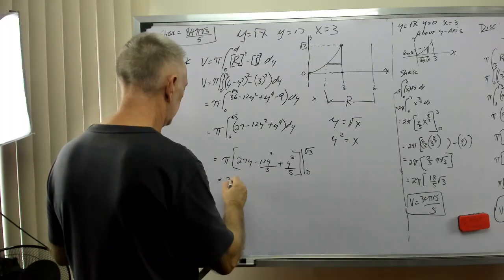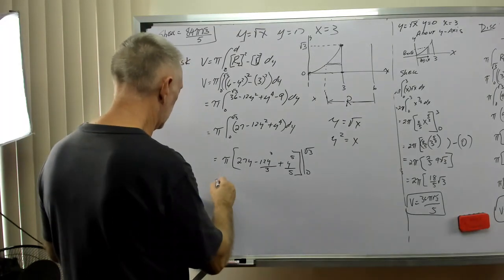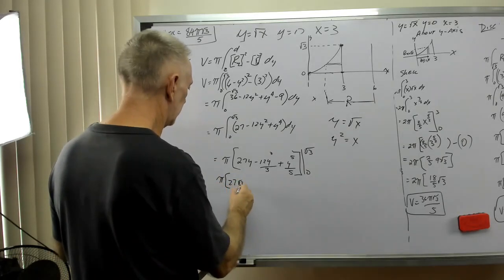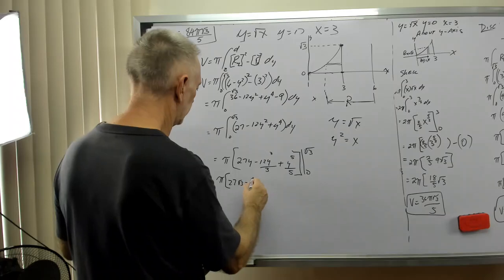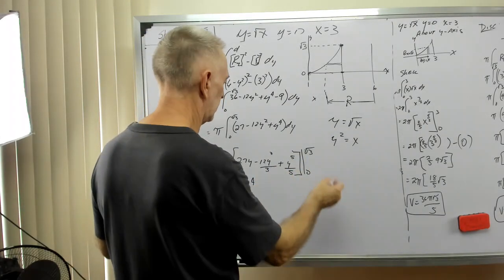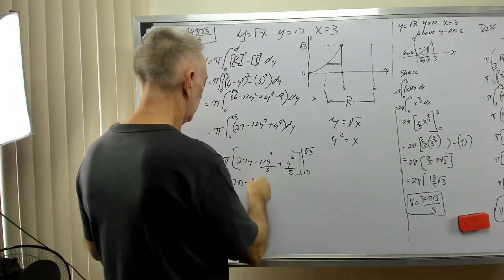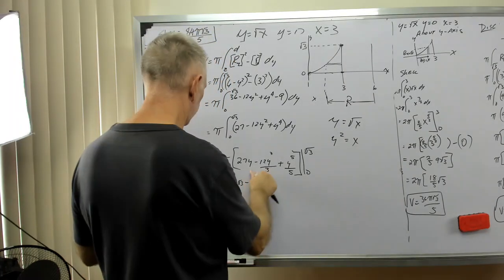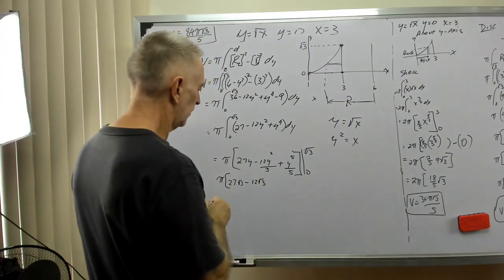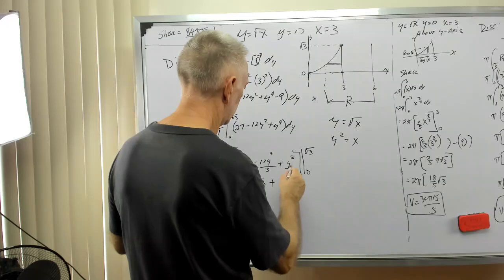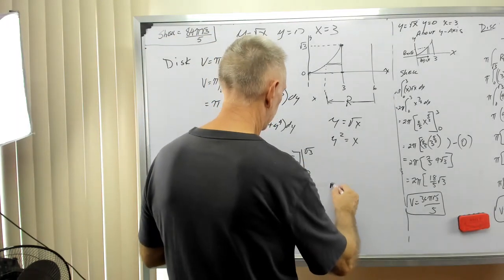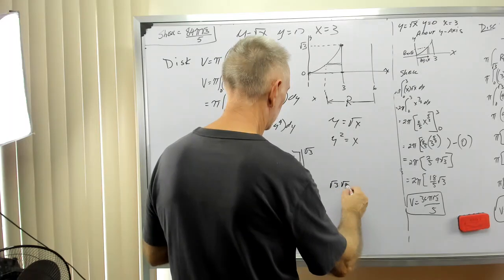So pi times 27 square root 3 minus 12 over 3 is 4. Now I've got square root of 3 cubed, which is 3 square root 3. We did that earlier. 3 square root 3 times 4 is 12 square root 3 plus square root 3 to the fifth. I forgot what that was. I think it's 9 square root 3.